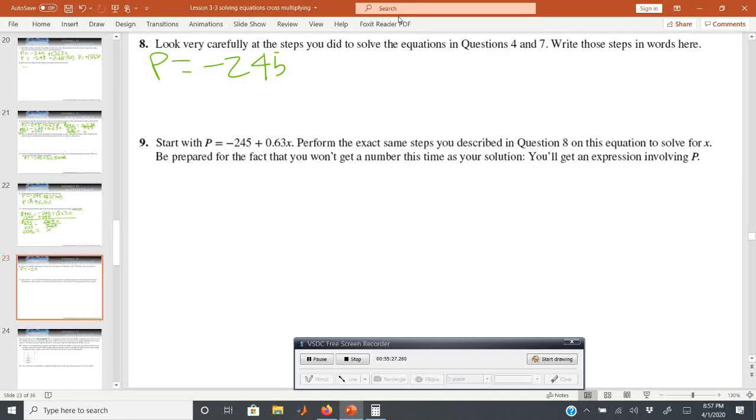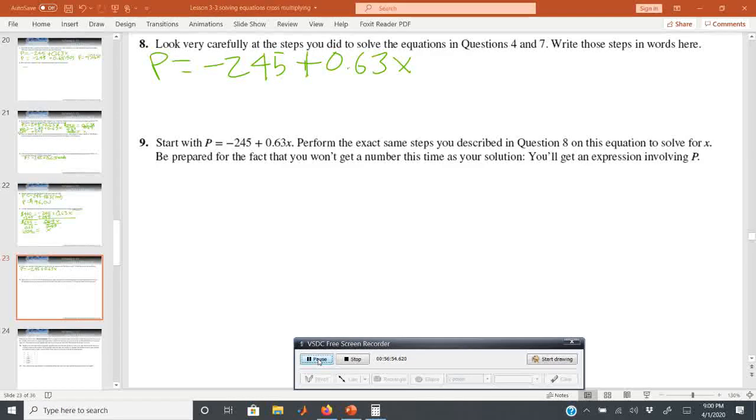Question 7, we were given the profit we were looking for. We had to find the number of snow cones. So in question 7, and I guess in question 4 as well, we had to get the variable by itself. We had the profit.